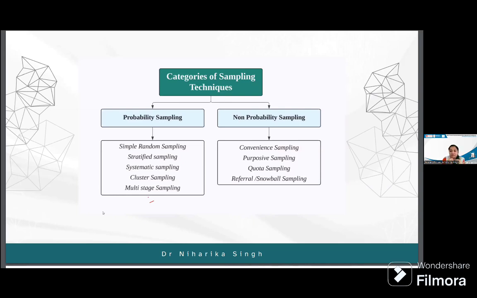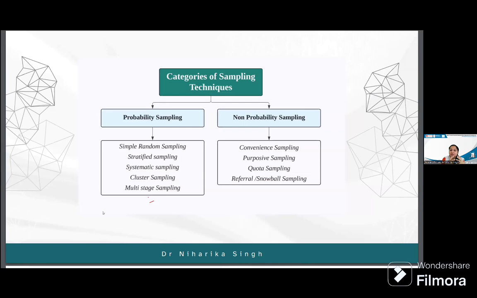is simple random sampling. Here, each and every part of the population has an equal chance of getting selected, so you cannot have any chance of bias in selecting any part of the population. Like picking chits, or drawing a ball out of a bag, or playing dice, and so on.